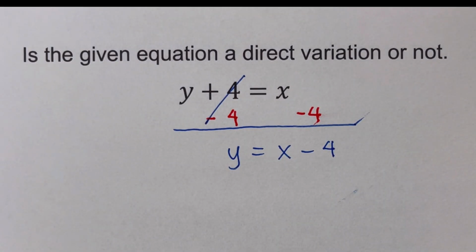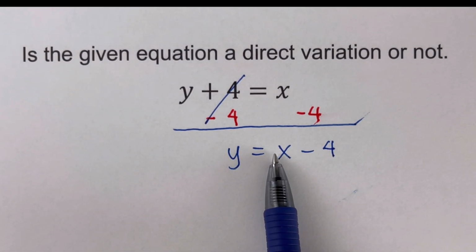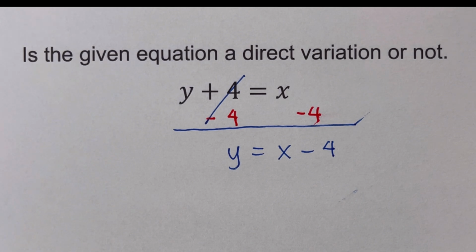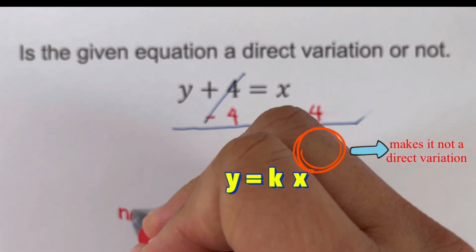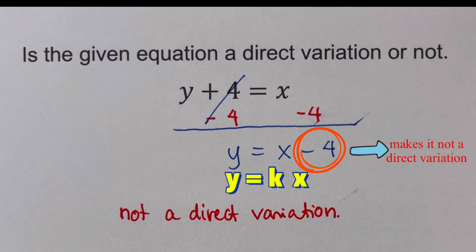Now, please remember that the coefficient we have here is an invisible 1. Please notice that this does not resemble y equals kx because the negative 4 messed it up. So we can say that this is not an example of a direct variation. So I'm going to write that down here. Now let's move on to the next example.